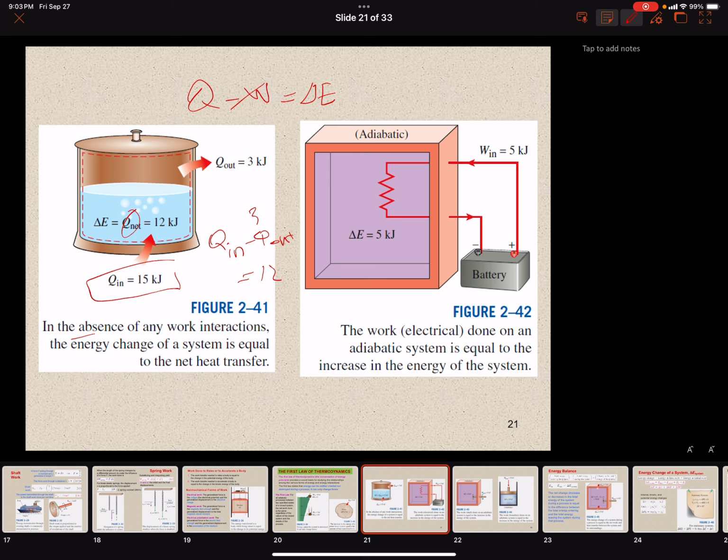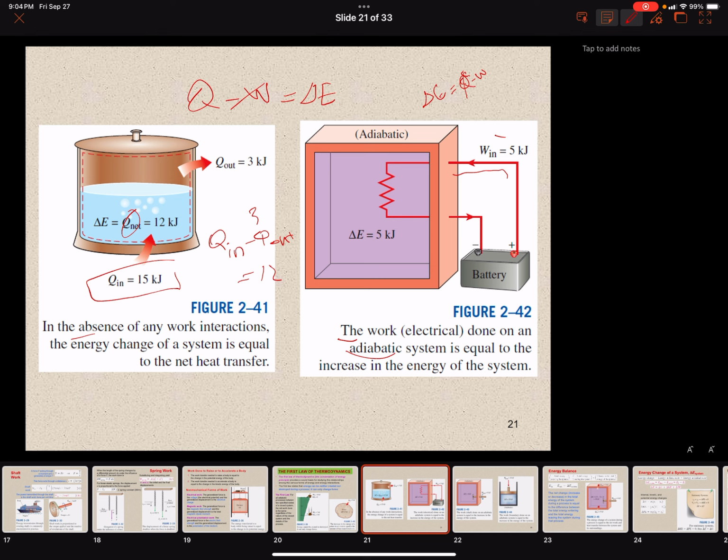Here it says the electrical work done on the adiabatic system is equal to the increase in the energy of the system. So the work is done on the system, so this will be negative, right? So the equation will be delta E equals Q minus W. Q is 0 because it's adiabatic, so there is no heat transfer, and the work is done on the system, so it's negative.